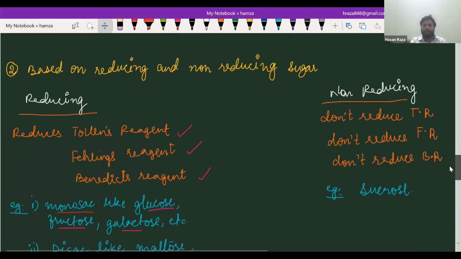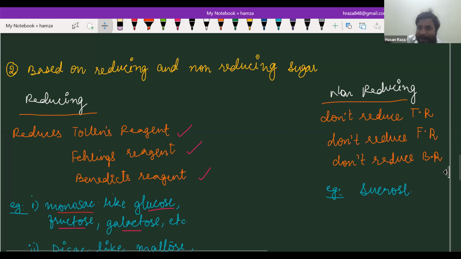Now the other classification is based on reducing and non-reducing sugar. So what is a reducing sugar? A reducing sugar reduces Tollens' reagent, Fehling's reagent, and Benedict's reagent. Non-reducing sugars are the carbohydrates which do not reduce Tollens' reagent, Fehling's reagent, and Benedict's reagent.